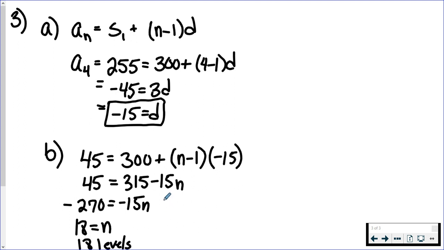C. Find the maximum time allowed to complete the whole game. So that's where we use the series, right? The sum of all of the first 18 levels.